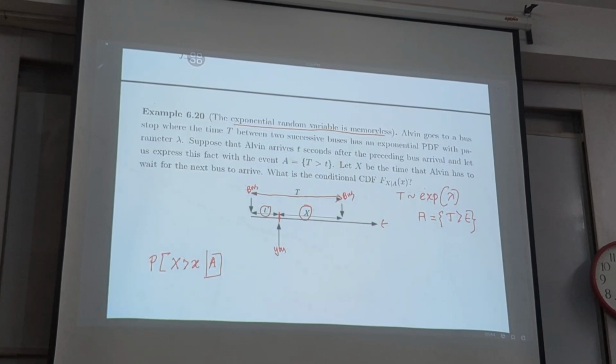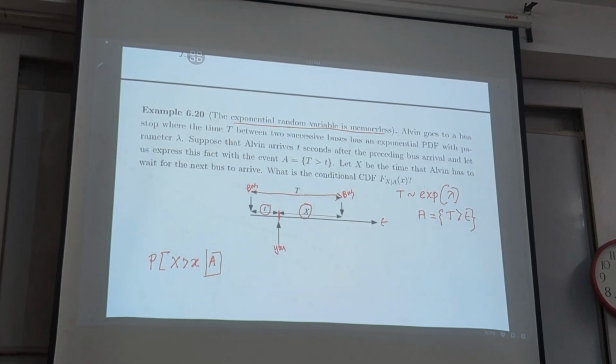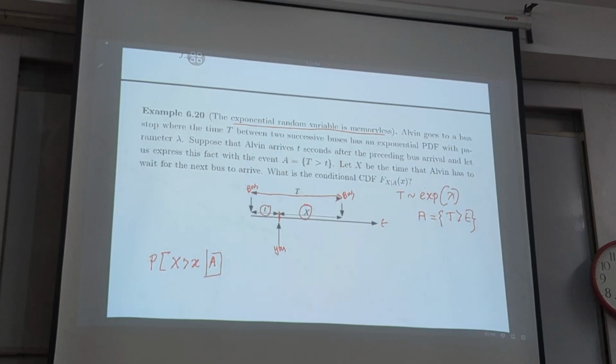And this will only happen when your friend forgets his waiting time. Otherwise, his waiting time would depend on the time already lost. And that's how the random variable forgets its past.